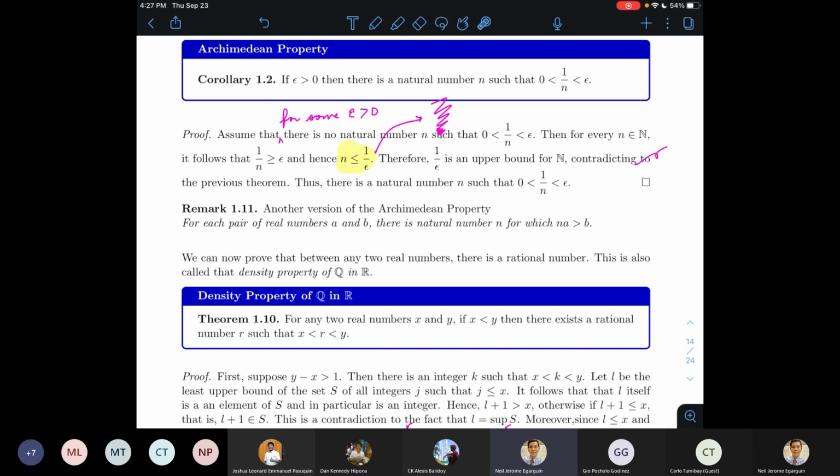Okay? So since there would be something very wrong if we will accept the negation of the Archimedean property, therefore we must accept the Archimedean property to be true. And so we say na kahit gaano kaliit yung epsilon, laging may natural number tayong mahanap such that 1 over n is less than epsilon. Okay? And that ends the proof.